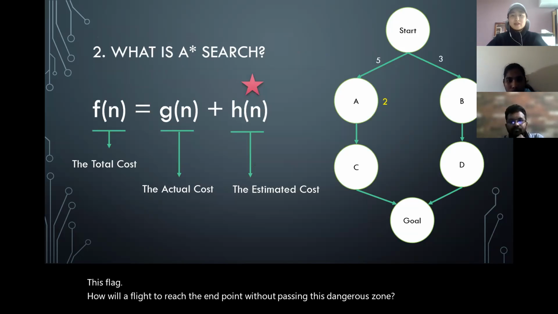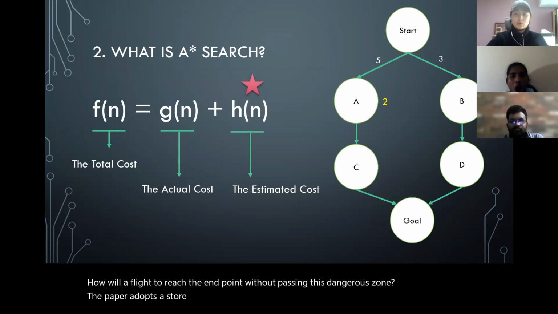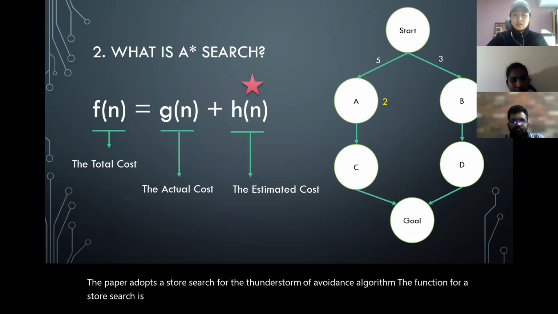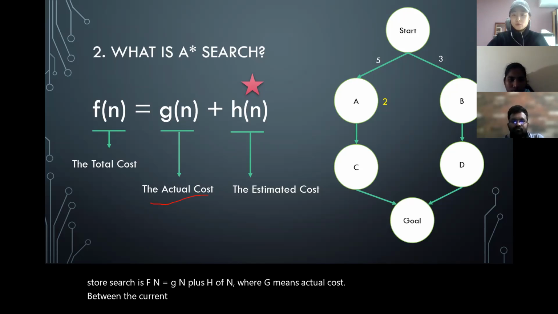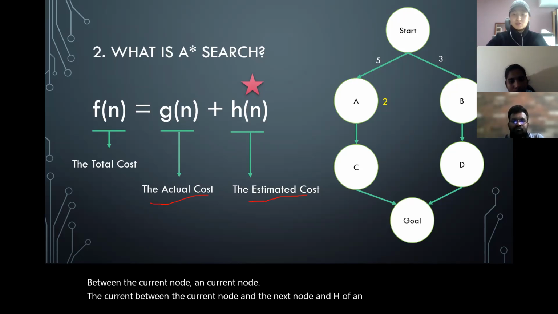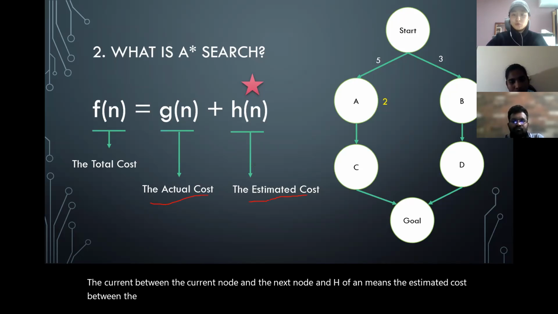The paper adopts A-star search for the thunderstorm avoidance algorithm. The function for A-star search is f(n) = g(n) + h(n), where g means the actual cost between the current node and the next node, and h(n) means the estimated cost from the next node to the goal node.